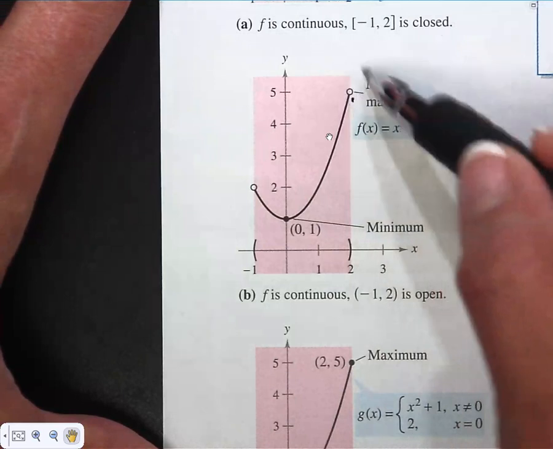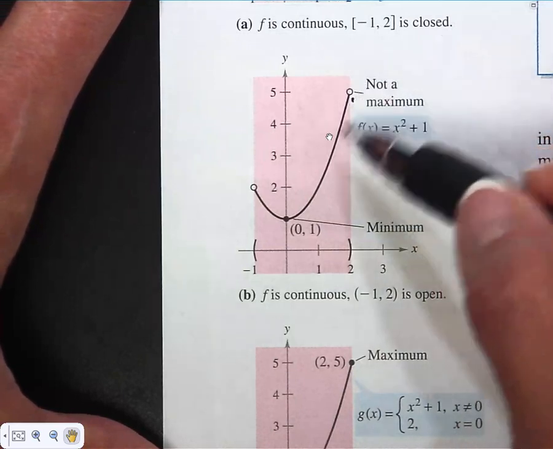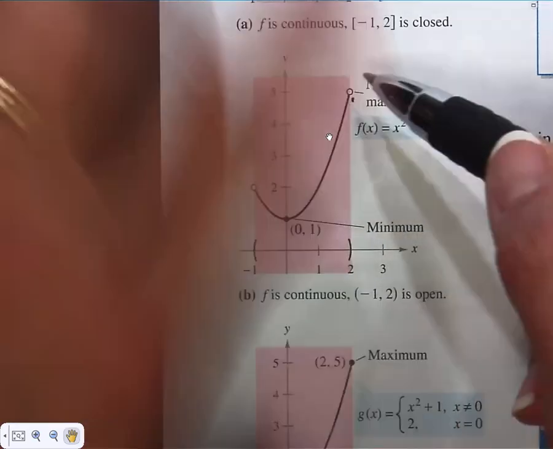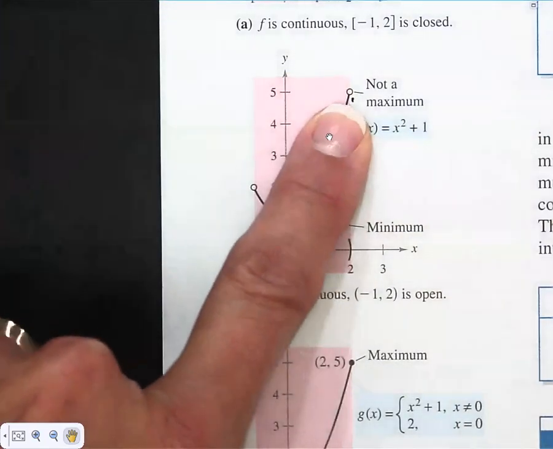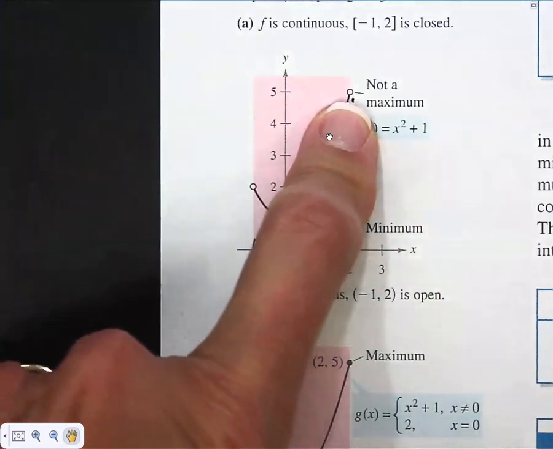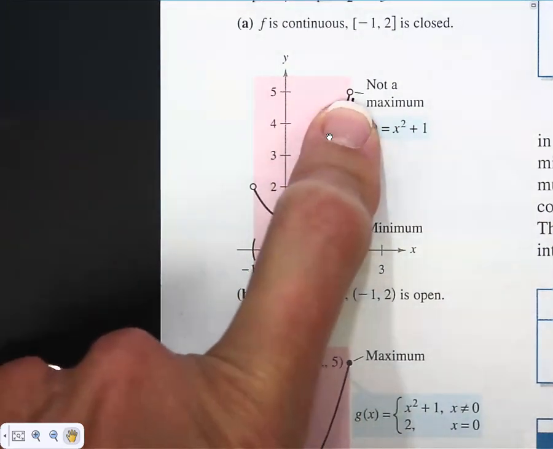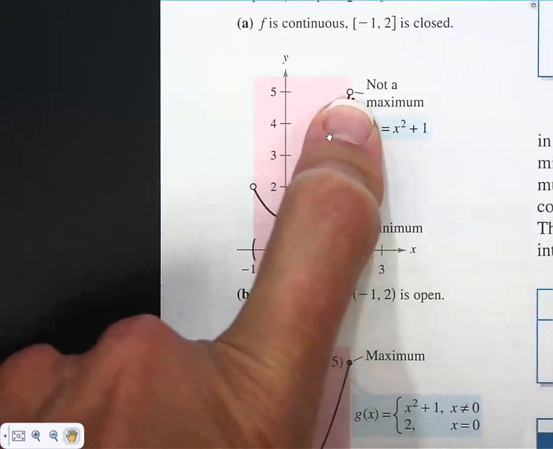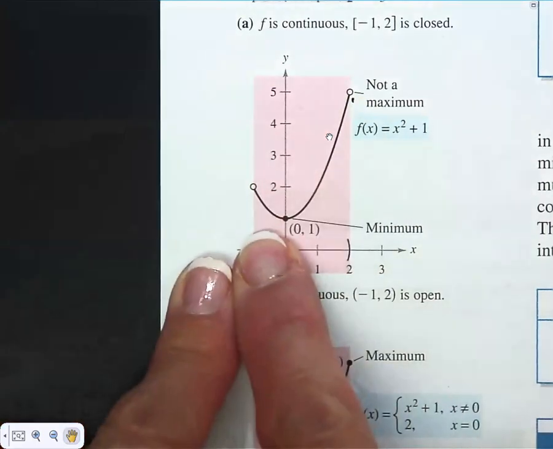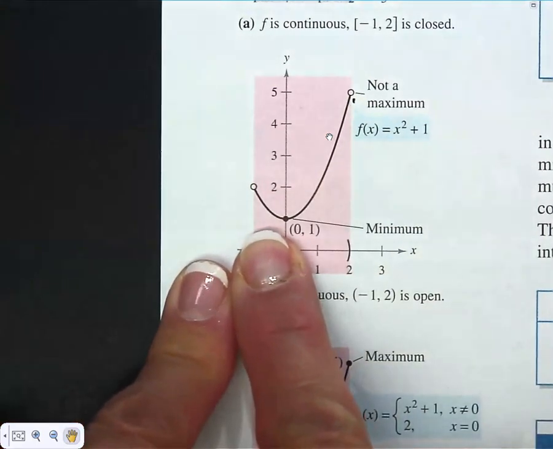I just can't get to 5. So there's no maximum value on the open interval. You tell me what you think is the maximum value, I can tell you something that's closer to 5. If you tell me you think the maximum value is 4.99, I can tell you, no, I can get bigger than that, 4.999. So there's no maximum value, but there is still a minimum value at 0, 1.